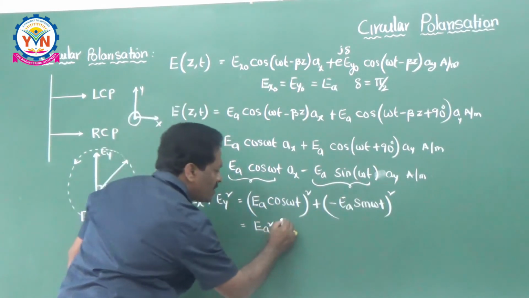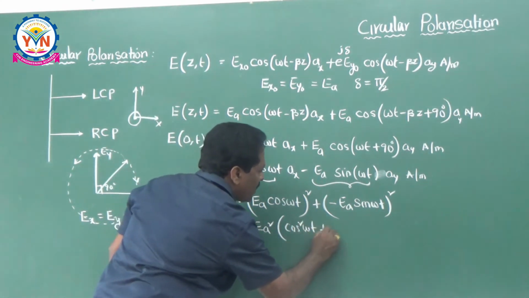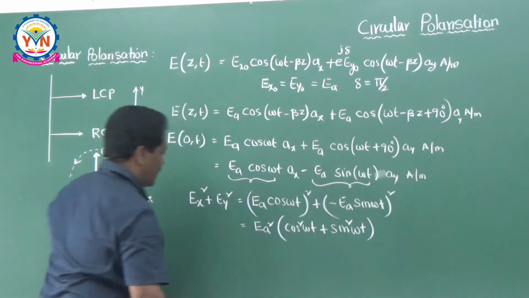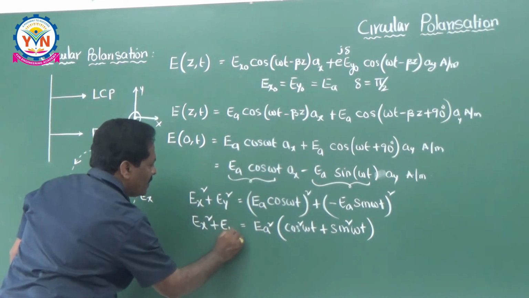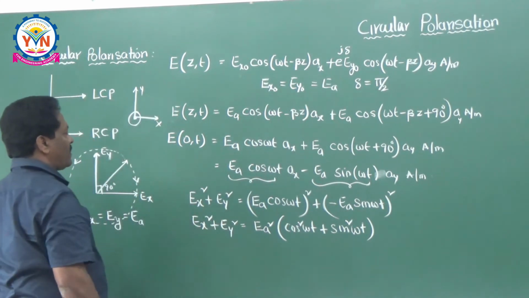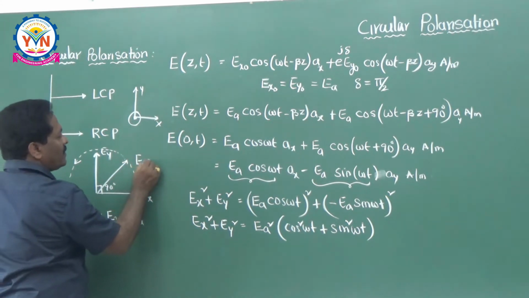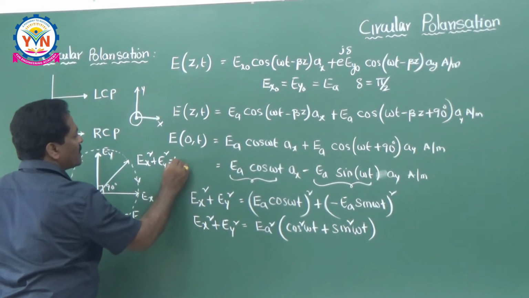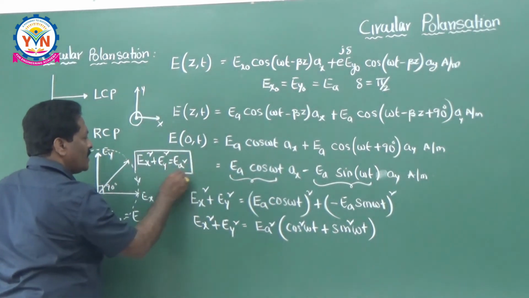Ea square is common, and cos square omega t plus sin square omega t becomes 1. Therefore, Ex square plus Ey square is equal to Ea square. So finally, you got Ex square plus Ey square equal to Ea square. It is nothing but the equation of a circle.